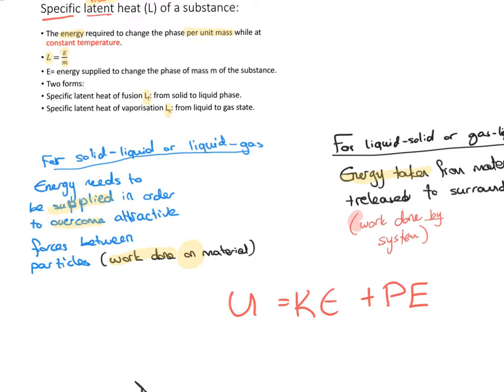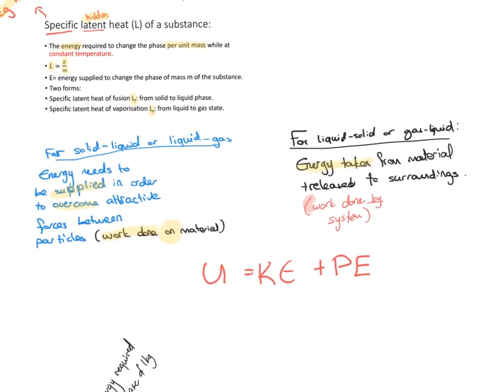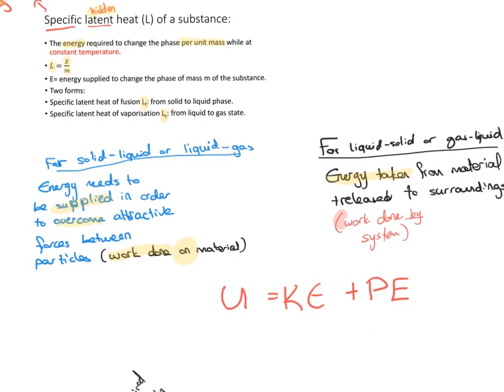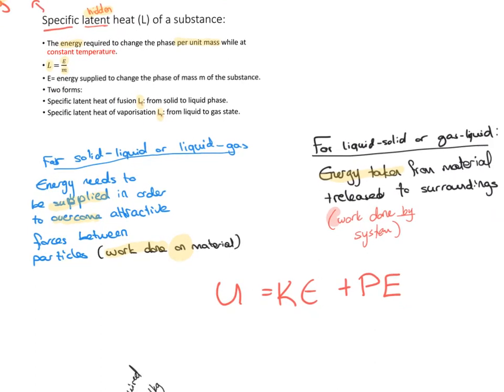The other point I wanted to mention here was regarding how the internal energy of the system will be affected. So what we have is the internal energy, if you remember, with the kinetic energy, which will remain the same.